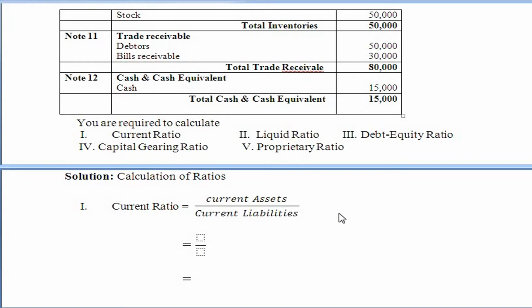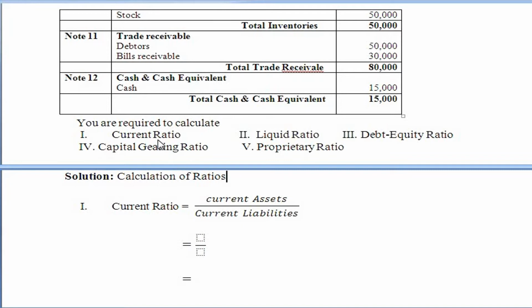So these 5 ratios we have to calculate, and with the help of these ratios we have to write an interpretation or conclusion on the ratios we have calculated. That is, what the liquidity position and solvency position are, which we can find out with the help of these ratios. So next line, write solution. In front of that, write calculation of ratios.